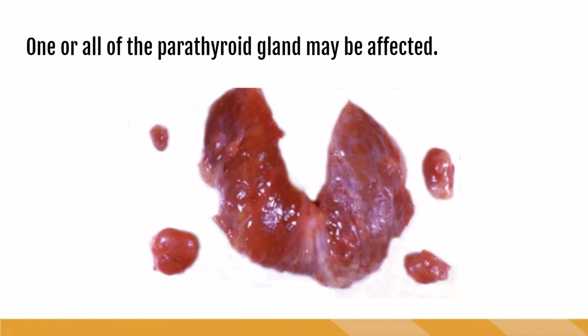And with parathyroid gland hyperplasia, we can see that all of the parathyroid glands might be affected, or maybe just one. So in this example here, we can see that we have 3 relatively good-sized parathyroids and then 1 smaller parathyroid. But the same principle is still in effect. Those enlarged parathyroid glands are most likely producing extra PTH, causing that primary hyperparathyroidism.